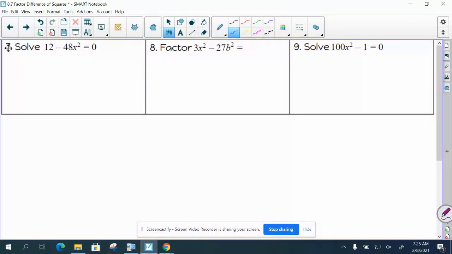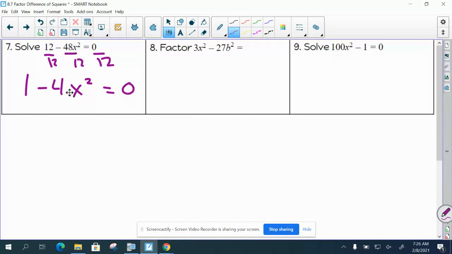Okay, number 7 and 8 are a little bit different because 12 and 48 are not perfect squares. However, what we can do here is divide everything by a common factor, which would be 12. So what if we divide everything here by 12? Then we would get 1 minus 4x squared equals 0, because 0 divided by 12 is still 0.